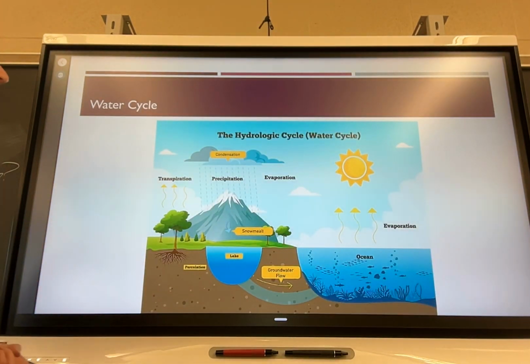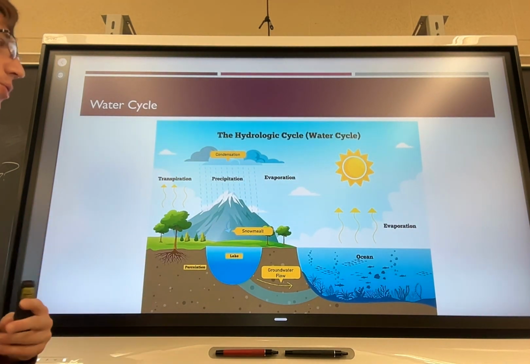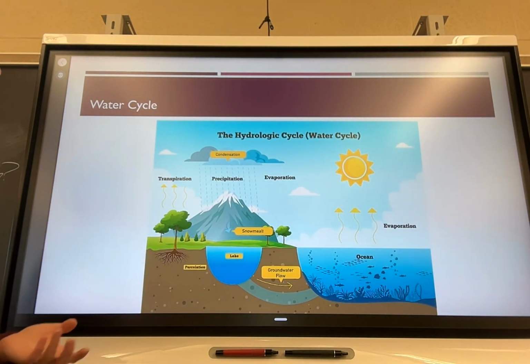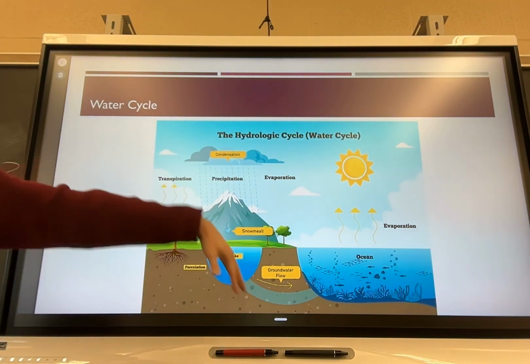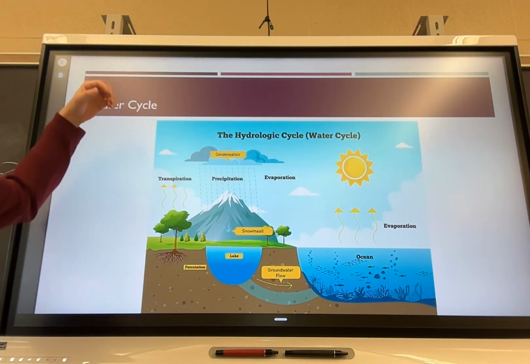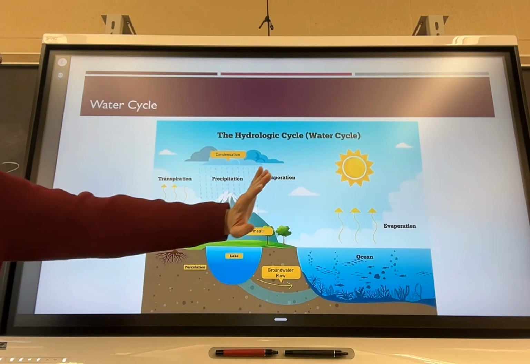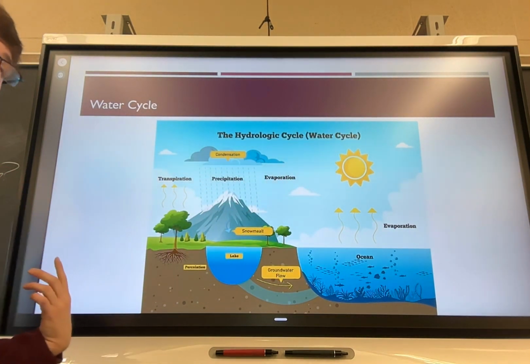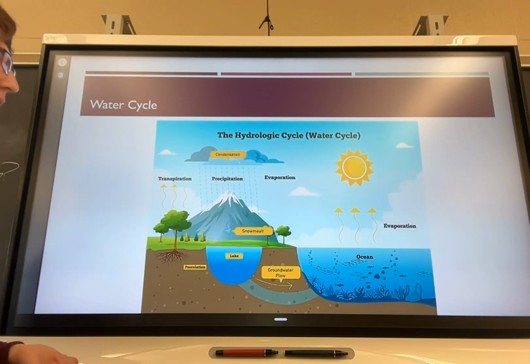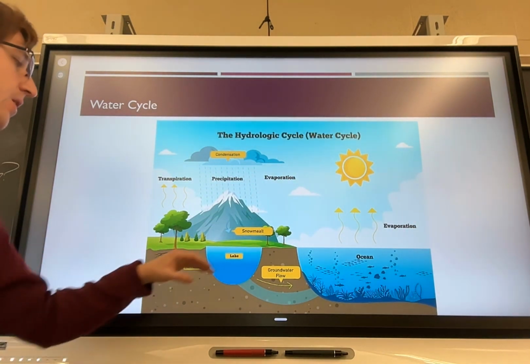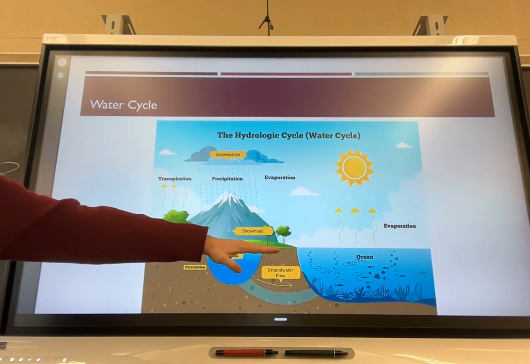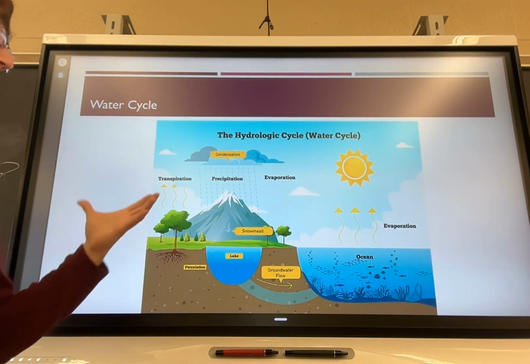The first cycle we're going to talk about is the water cycle, the hydrological cycle. What's going to happen is we are going to move water throughout the environment. Water exists in streams, lakes, oceans, bodies of water. As they heat up, they're going to convert from liquid water into gaseous water, into water vapor.